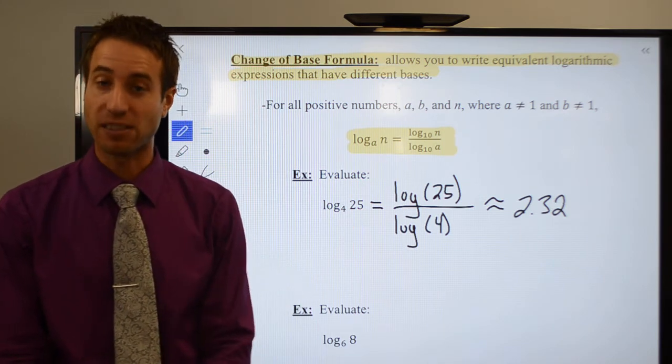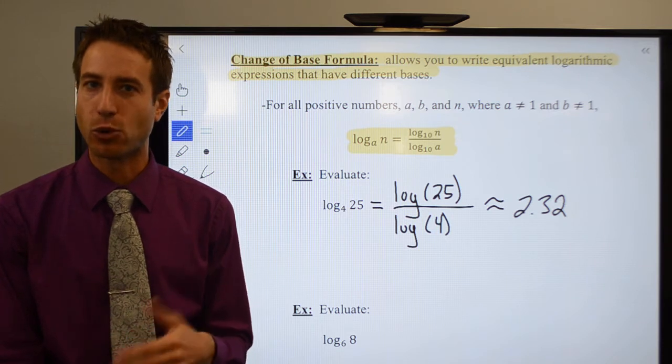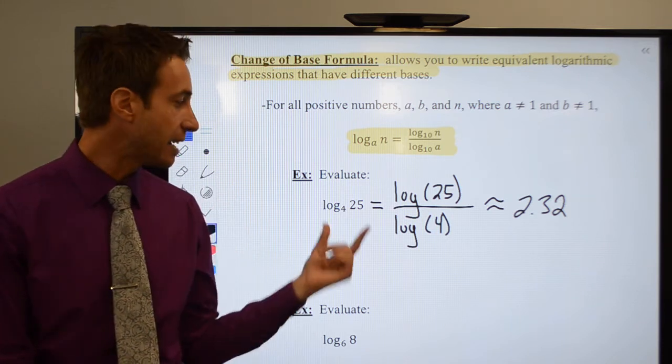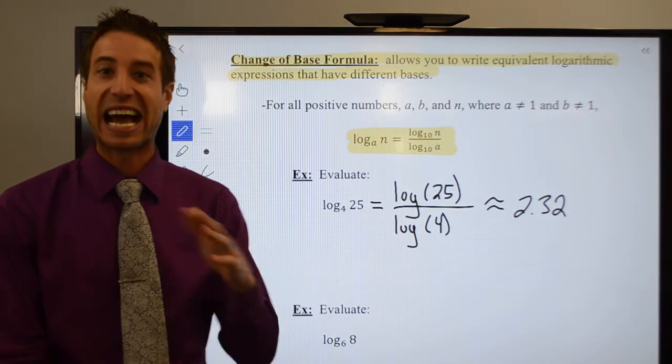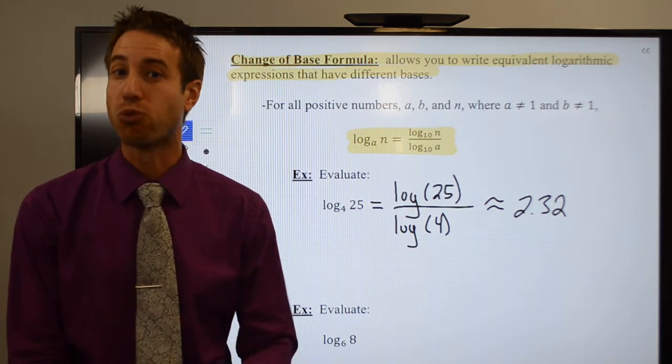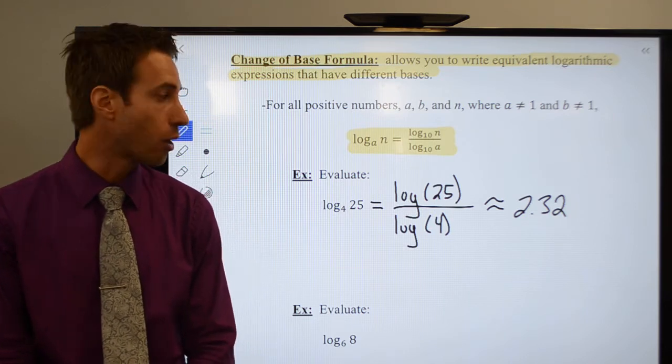Now, what I am going to ask all of you to do, even if your graphing calculator has that log base function on it, I will put questions on my quiz or test where I give you this guy, log base 4 of 25, for example, and I ask you to rewrite it using the change of base formula.